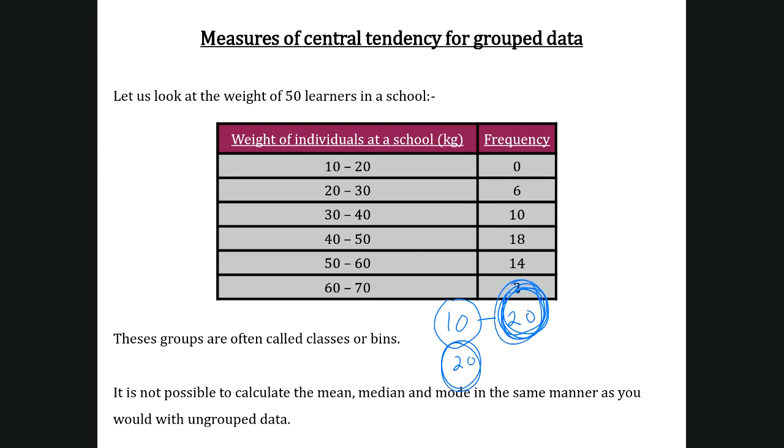So the next interval actually needs to start with 21 up until 30, and then the next one can't start with 30, because then you'd have 30 here and here. And that means you would have counted the data value twice. If you had the number 30 itself, for example, you would have included it here and here. So your interval values can't overlap each other.